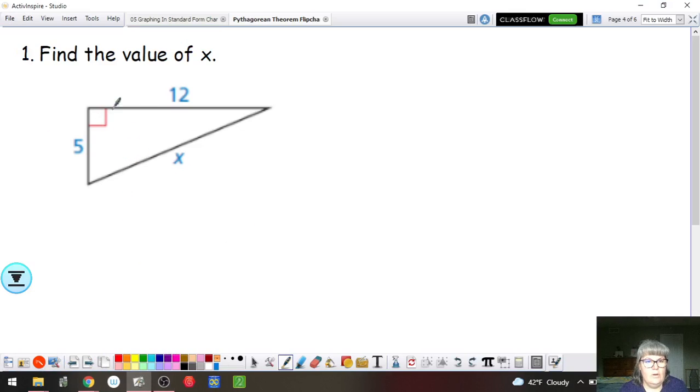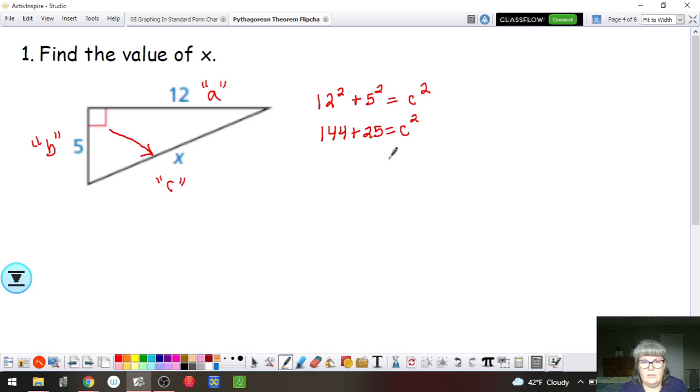Here we have a right triangle, and we're already given the sides. So let's start by identifying which side is C. It's always the hypotenuse. And then we have A and B as the legs, is what they are called, the sides that form the right angle. So we have 12 squared plus 5 squared equals C squared, for 144 plus 25 equals C squared.